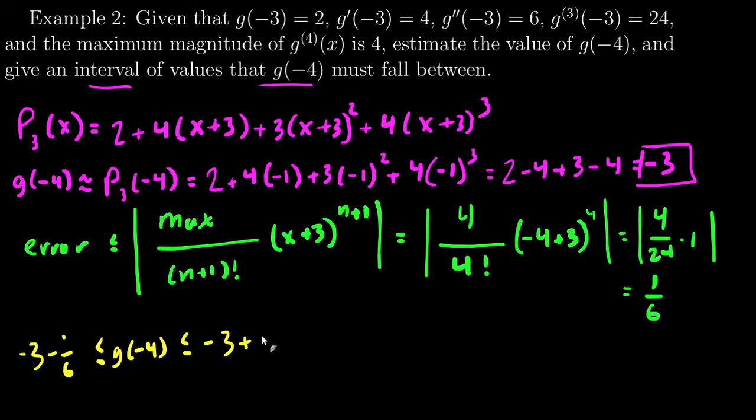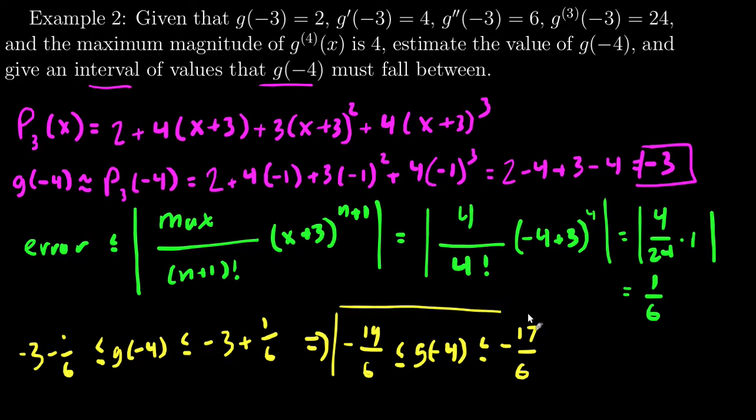If my error is 1/6, then I'm between these. And when I just do the work, -3 is the same thing as -18/6, so I get -19/6 is less than or equal to g of -4 is less than or equal to -17/6. And this is where it gets really useful. So I can clearly see exactly where this has to be.